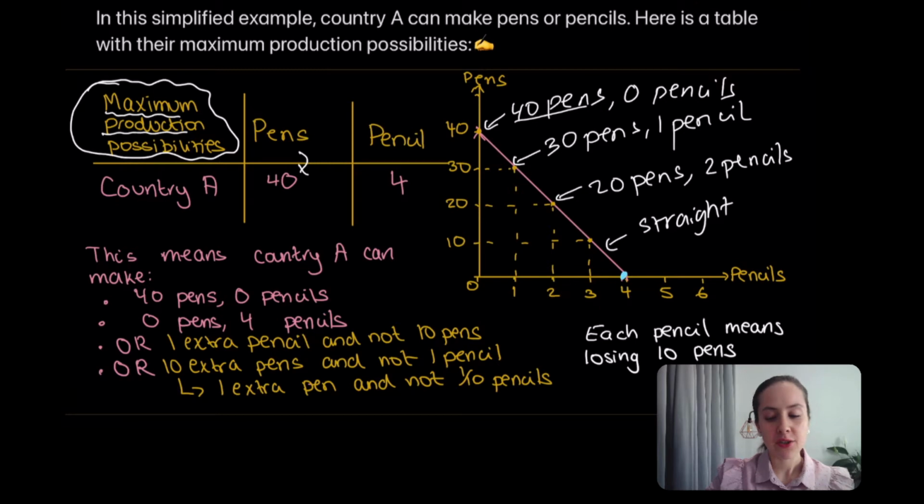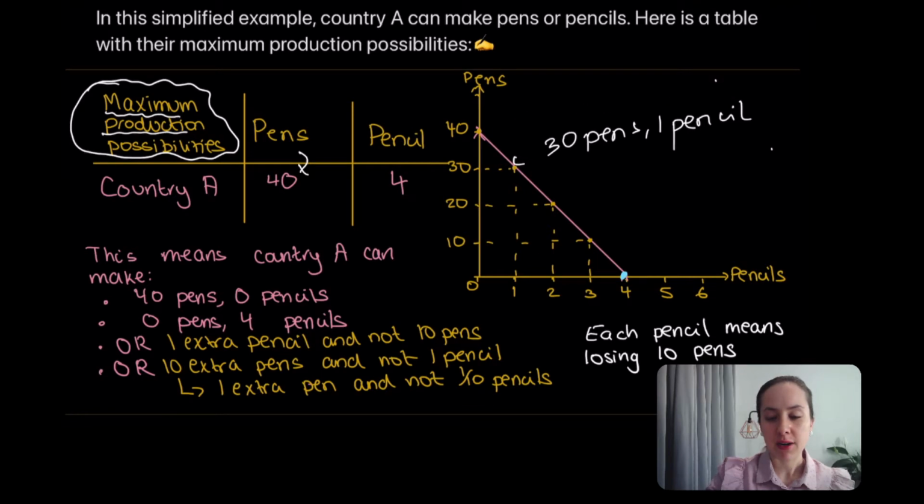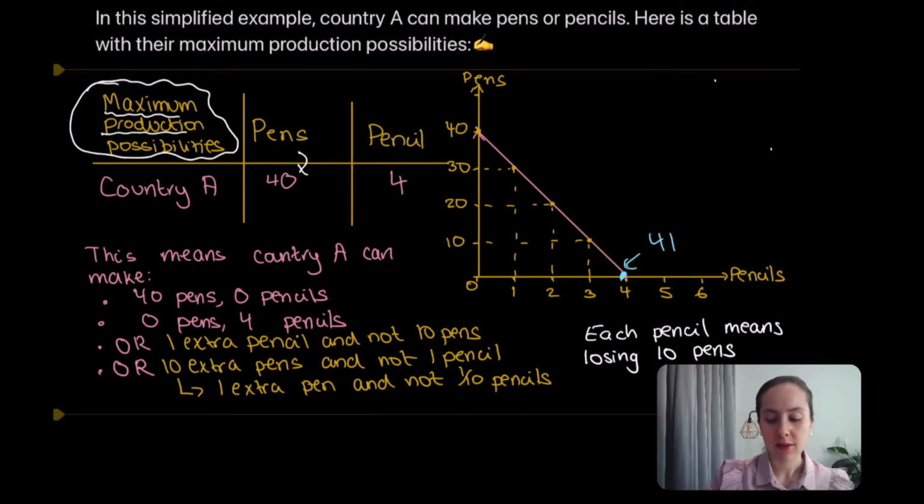Just to be clear, you can show opportunity costs in the other direction. So let's think about this country, instead of going for more pencils, decides to go for more pens. The country starts from a situation where they have 4 pencils and no pens. And let's say that they just want 1 pen. If they go to a 1 pen situation, they're going to lose out on a tiny amount of pencils.